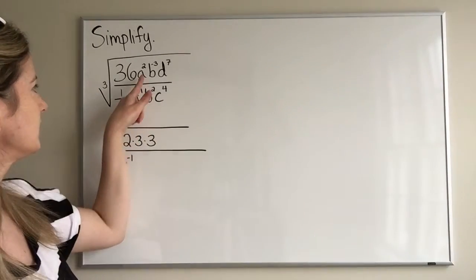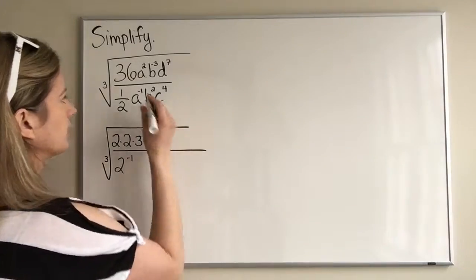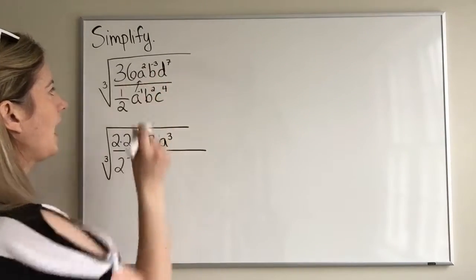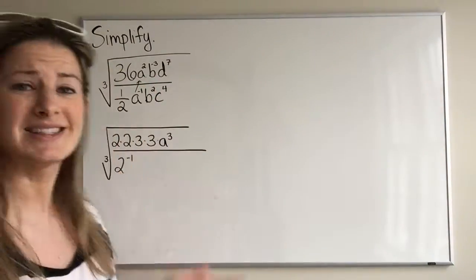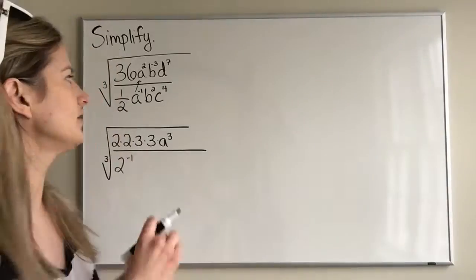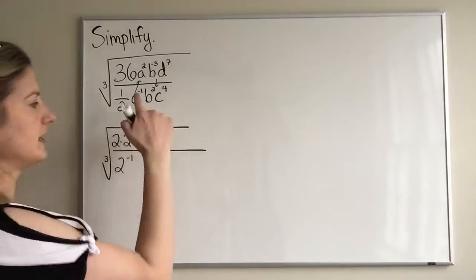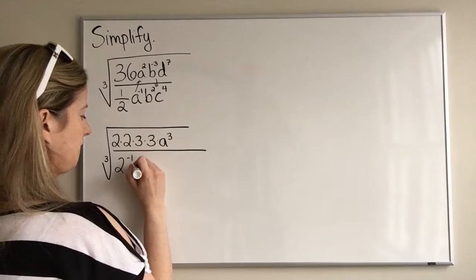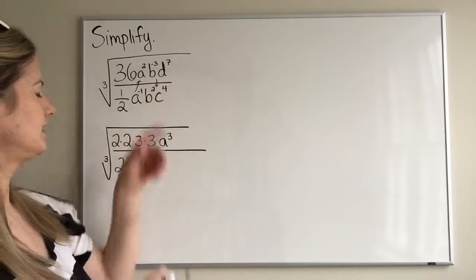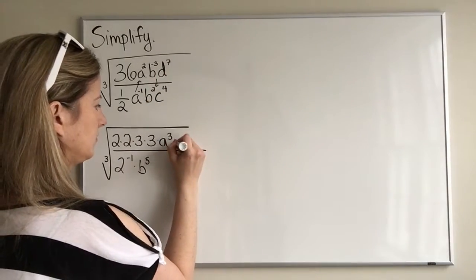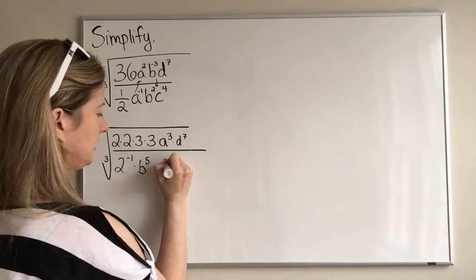So this a to the first is going to come up, and we end up on the top with a to the third, because the a to the first takes the elevator up. Next, we've got a b to the negative 3 over here. That's unhappy, so it's going to switch levels and come down. Since we already have a b squared down here, that's going to give us a b to the 5th. Then d to the 7th is happy as a clam up there, so it's just going to stay. And c to the 4th is happy as a clam down there, so it's just going to stay.